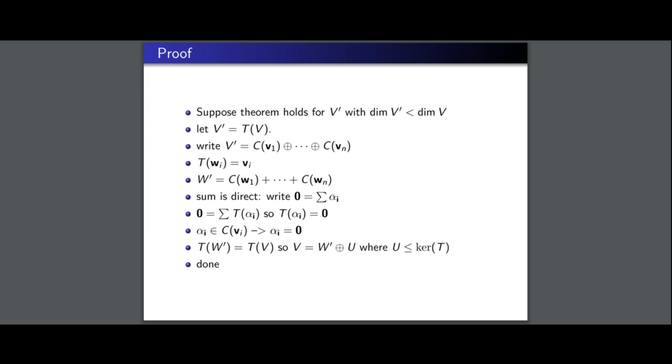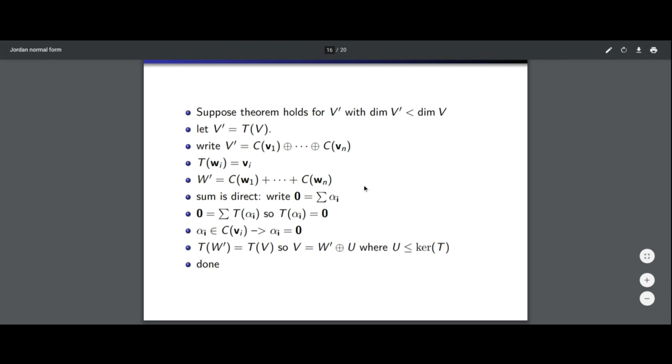When I say a trick, I mean the trick to prove that this W prime is a direct sum. I'm always forgetting what the trick is. I remember now, but it doesn't really illuminate things for me, but anyways. So there's some trick which allows you to prove that W prime is the direct sum of these cyclic subspaces.